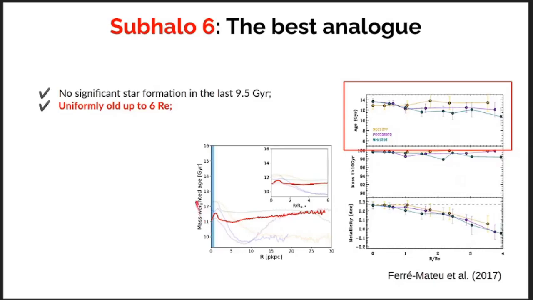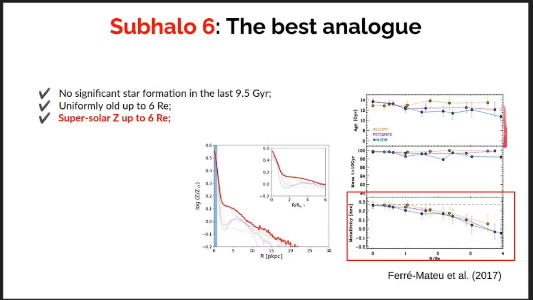Here we see the age profile of this object in the simulation, and here is the age profile of 3 relic galaxies. They also show this more or less flat age profile, which indicates that it formed almost all of its stars in a very short period of time and very long ago.